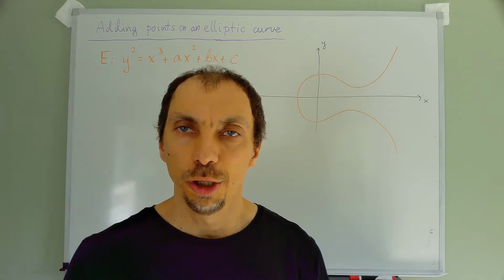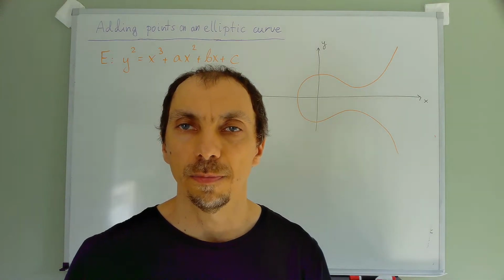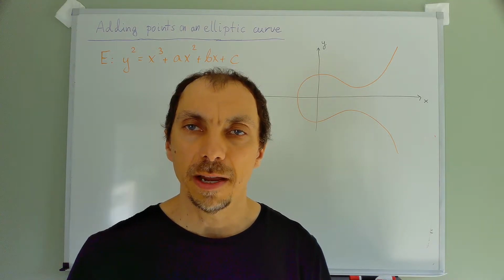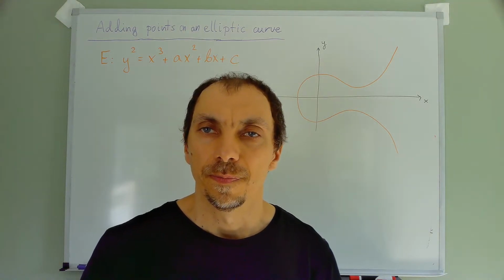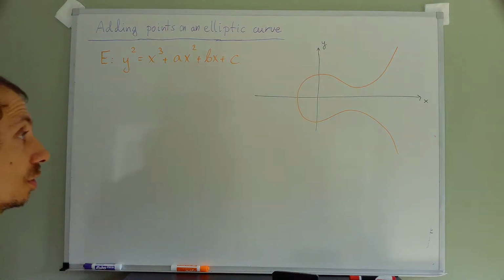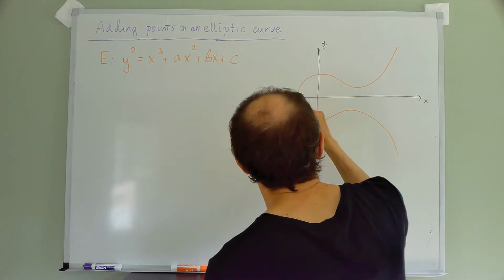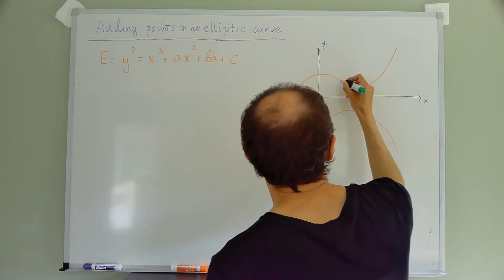Elliptic curves, so smooth cubic curves on the plane, allow you to add points in a very elegant way. Let me show you how. So I'm going to take 2 points on this curve, P and Q. Well, you're already familiar with this picture, right?